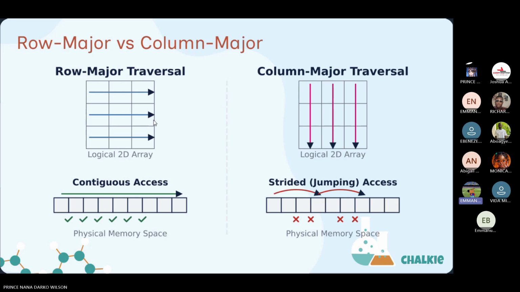Retrieving data between the row major traversal and the column major traversal, which one is faster? Some programming devices or software or systems actually make use of the column major, but the row major is ideally sought out due to the fact that it is easier to use and it requires not too much understanding. Column major, in order to execute, must be done with extreme care, else you risk messing up your program structure.